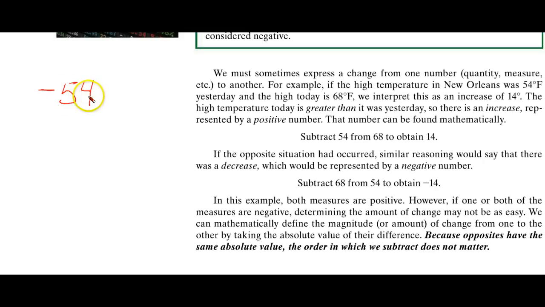Subtract 54 from 68, and that will equal 14. Now, that's just translating from English into arithmetic. Now, another way of thinking of that is 68 minus 54, the old-fashioned way, still gives you the 14.